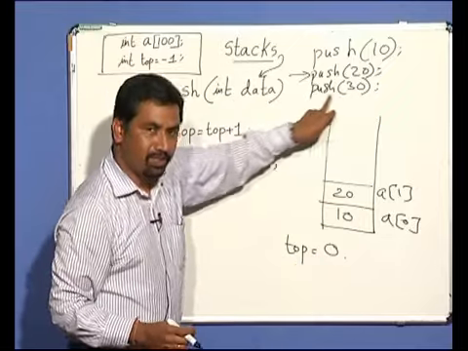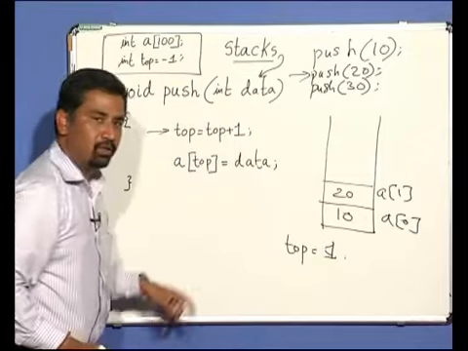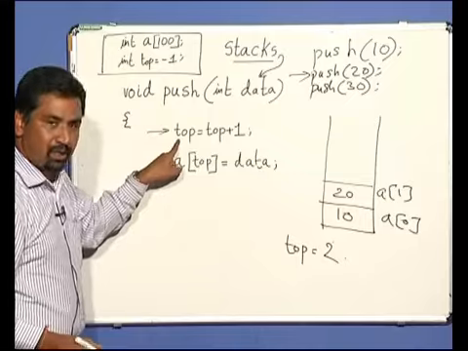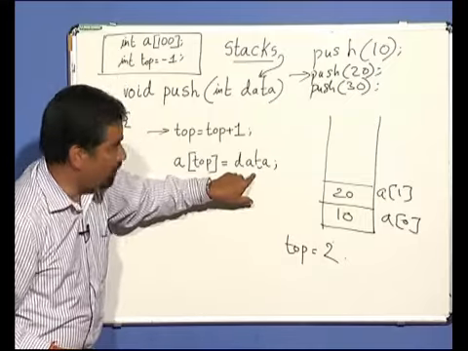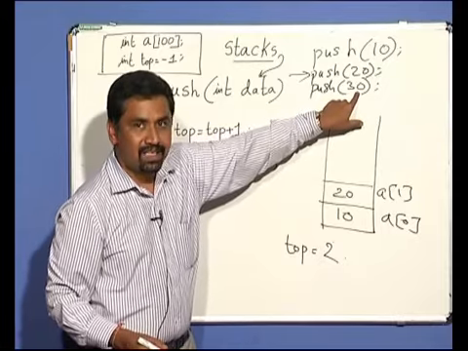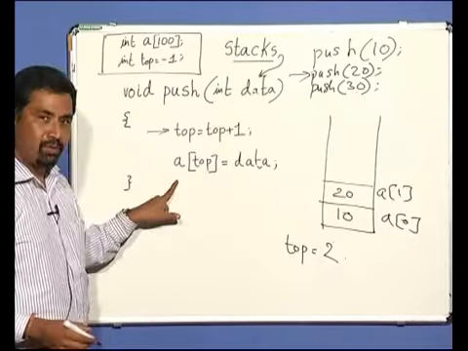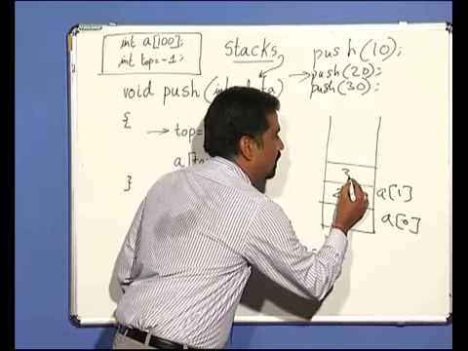Because of the third function call, the current value was 1, so 1 will be made 2 because of this statement. And 30 gets copied into data. The same 30 gets into a of top. Right now a of top is a of 2, so a of 2 gets 30.